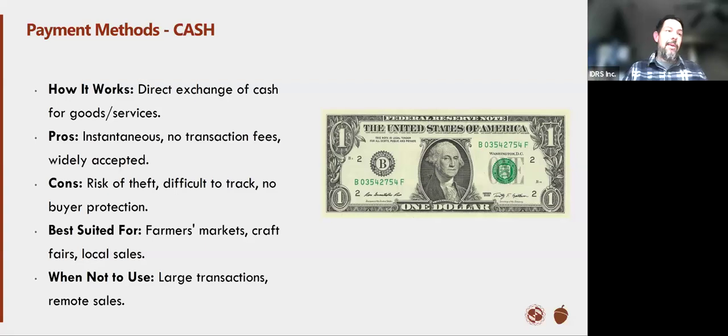And you may think, well, there's not really any cons to using cash, but there actually is. There's a risk of theft. There's a risk of loss, you have to manage this money. And I think one of the real big things for individuals, if you're selling to and you're trying to attract customers, is what I mentioned earlier, about people not accepting cash, right?